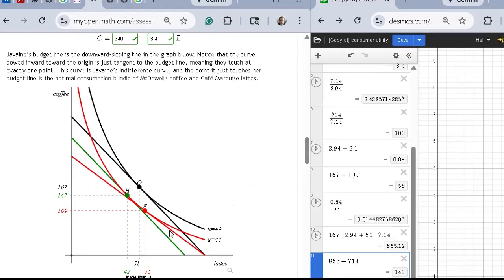The red budget line would not exist. The green dot would be labeled final, instead of hypothetical. And we'd have a shift from O to H, and a decrease in income of $141 would only have an income effect. But that's not the case here. This price change makes her feel like she has 141 fewer dollars. So that pushes her from O to H.